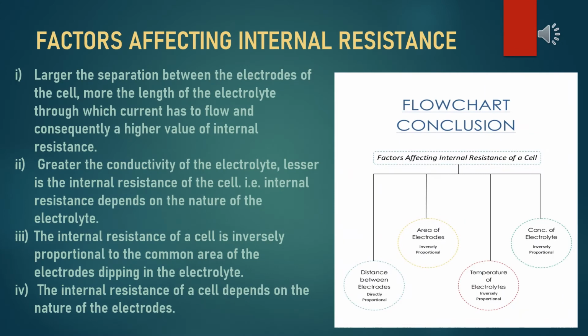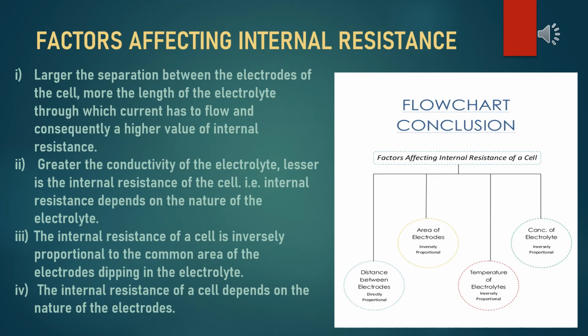Now, the proof from your book I am explaining. Let a cell of EMF E and internal resistance small r be connected to an external resistance capital R. Total resistance is therefore R plus r. So the current drawn from the cell will be I is equal to E by (R plus r).